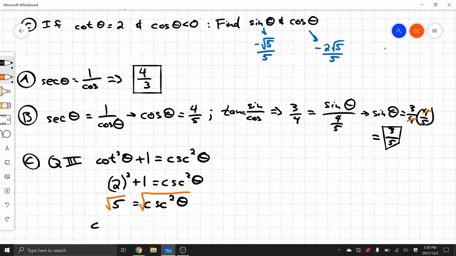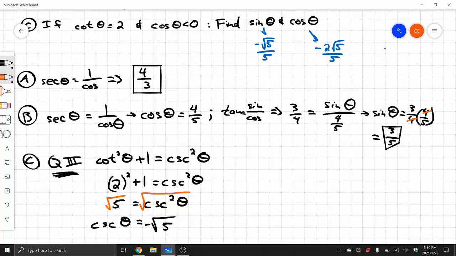And I'm left with cosecant of theta is equal to negative square root of 5. Okay, because I'm in quadrant 3, I know that my cosecant is going to be negative square root of 5.